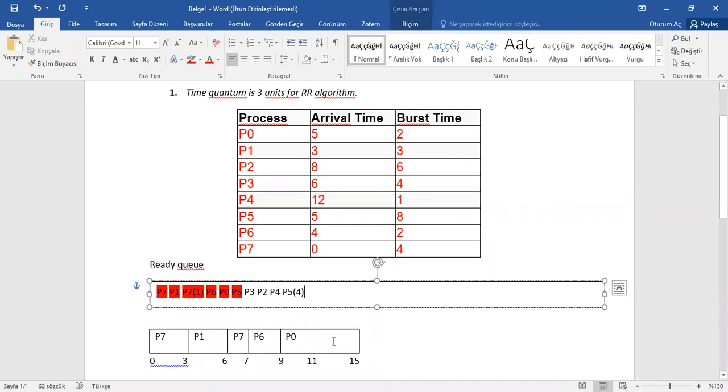Process 5. Okay, after this one, all the processes have arrived. So I don't need to think about the table. I can just check this part and use the first come first served algorithm.